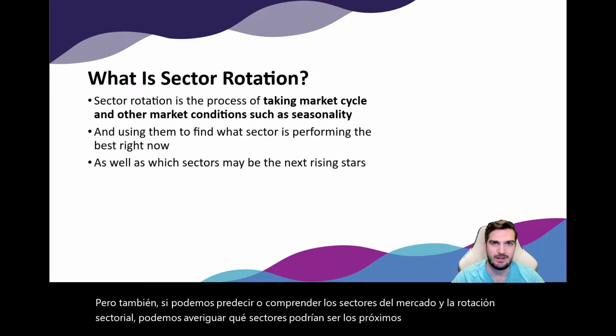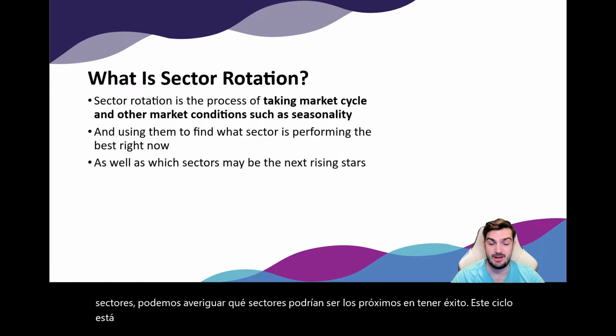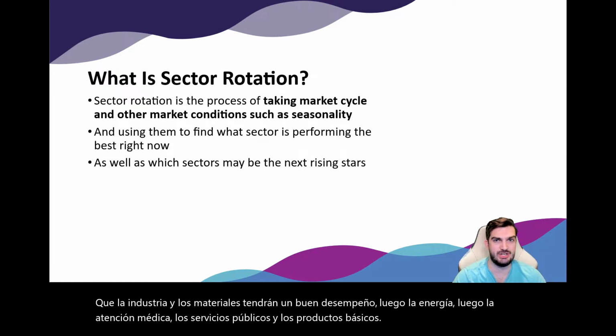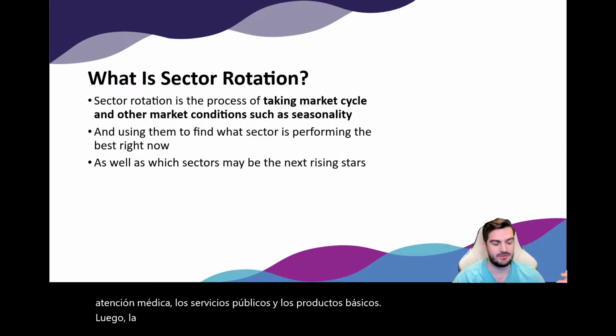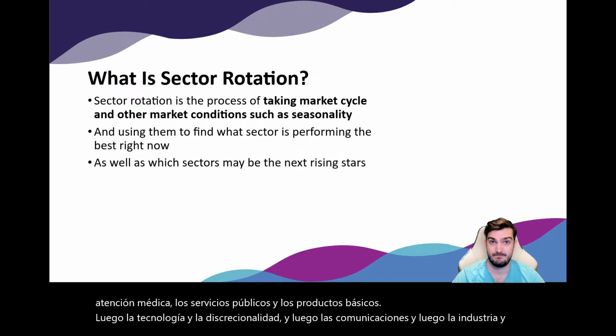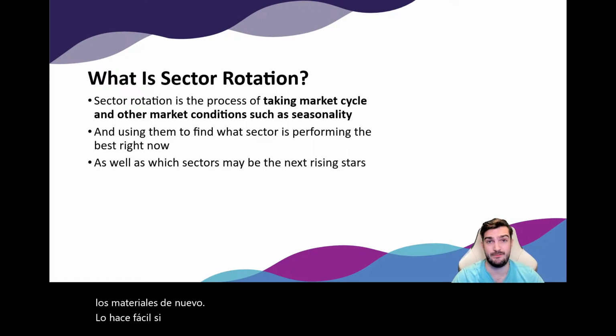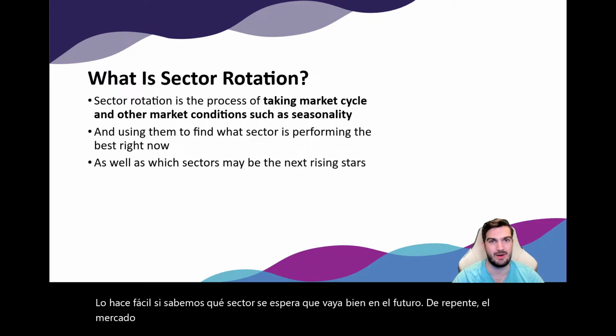This cycle is so well understood that we can understand that industrials and materials will perform well, then energy, then healthcare, utilities and staples, then technology and discretionary, and then communications, and then industrials and materials again. It makes it easy. If we know what sector is expected to do well in the future, suddenly the market doesn't seem so random and doesn't feel like we're just rolling the die expecting us to make some profit.